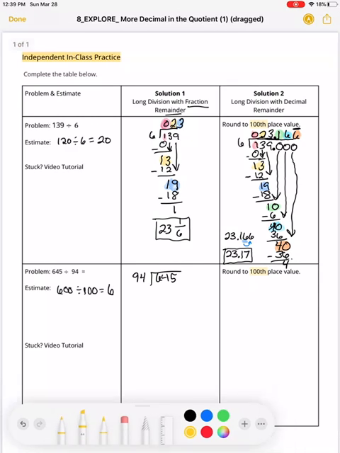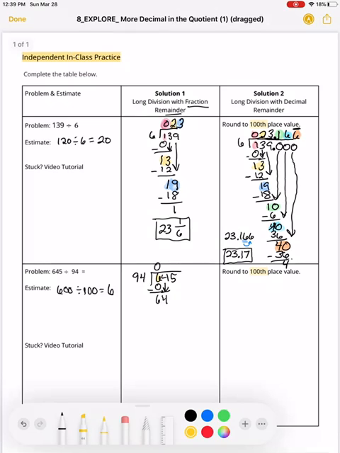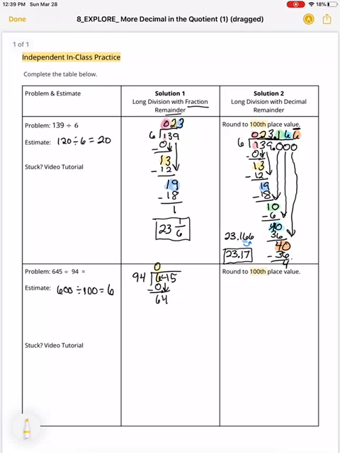So I'm gonna ask, how many times does 94 fit into 6? And the answer is 0 times. So 0 times 94 is 0. Subtract my 6. And then bring down my 4. Oh, sorry, I forgot to color code this guy.